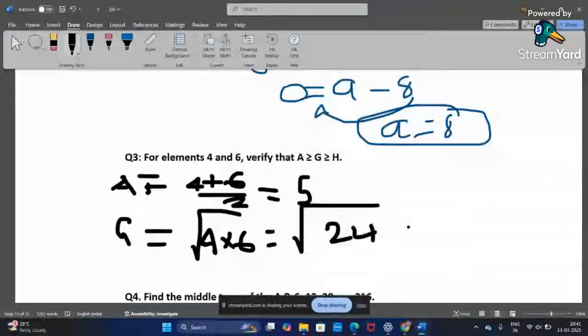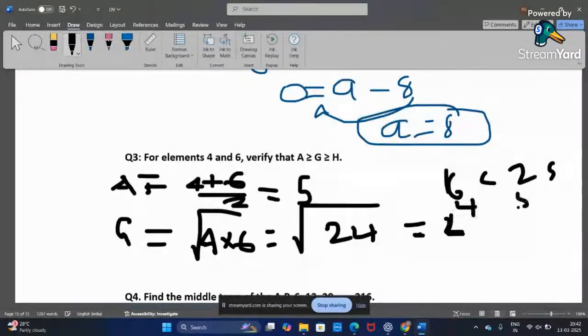What is root 24? It will be between 16 and 25, because it is between the square roots. So the answer will be between 16 and 25, somewhat like 20. It will be between 4 and 5 because here it is square. For 16, the square root is 4 and for 25, the square root is 5. So when we calculate this, the answer will be somewhat 4.89. This will be your answer.